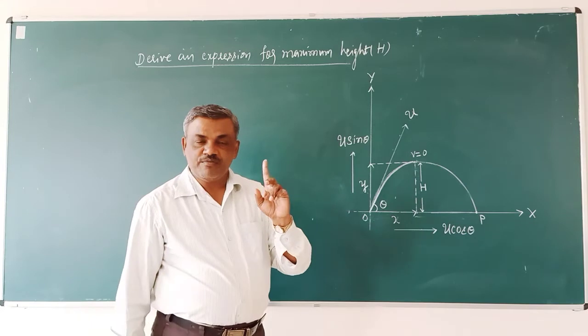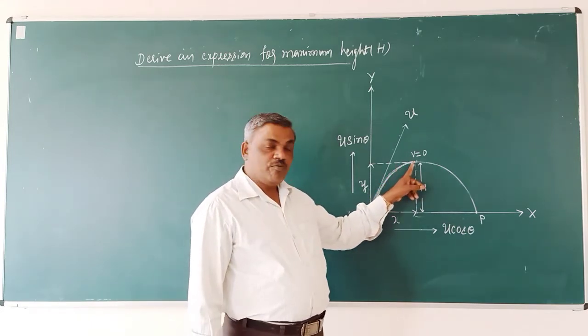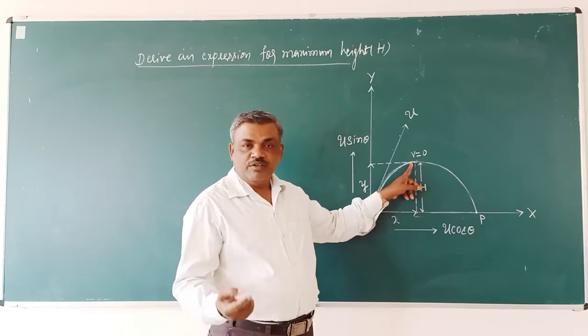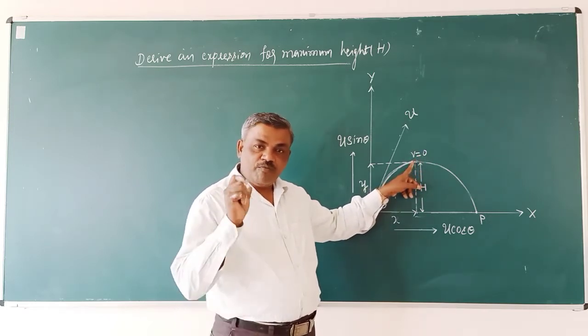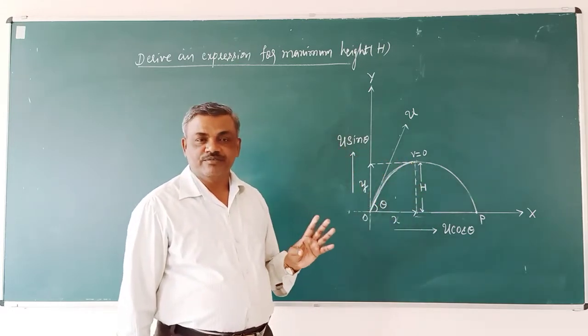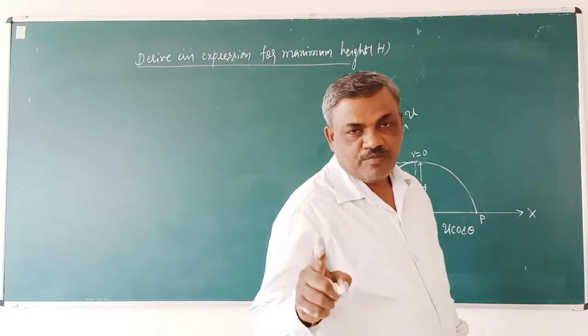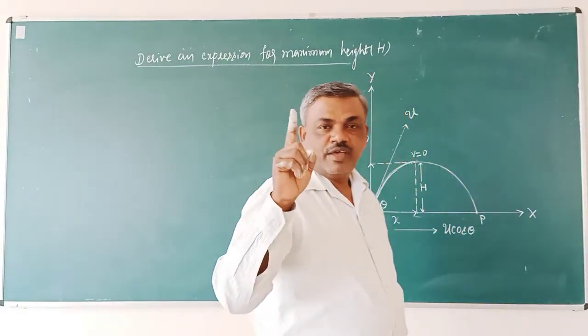So what is the maximum height? The maximum vertical distance traveled by the body. After velocity v equals 0, that height above the earth's surface is the maximum height.